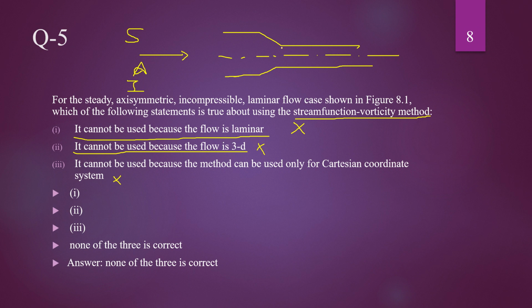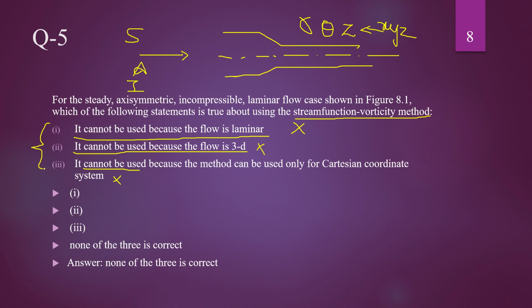Although in this it is a circular pipe, so the coordinates are r, theta and z for the flow direction rather than x, y, z. In general, the stream function vorticity method is given for Cartesian coordinates, but it can be used for cylindrical coordinates or any system, though the equations would be more complex in those cases. That is a disadvantage, but it can be used.